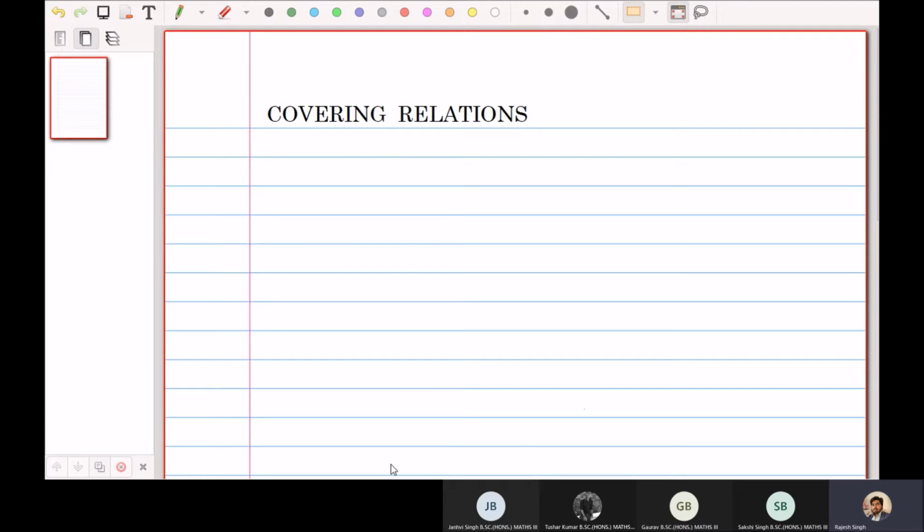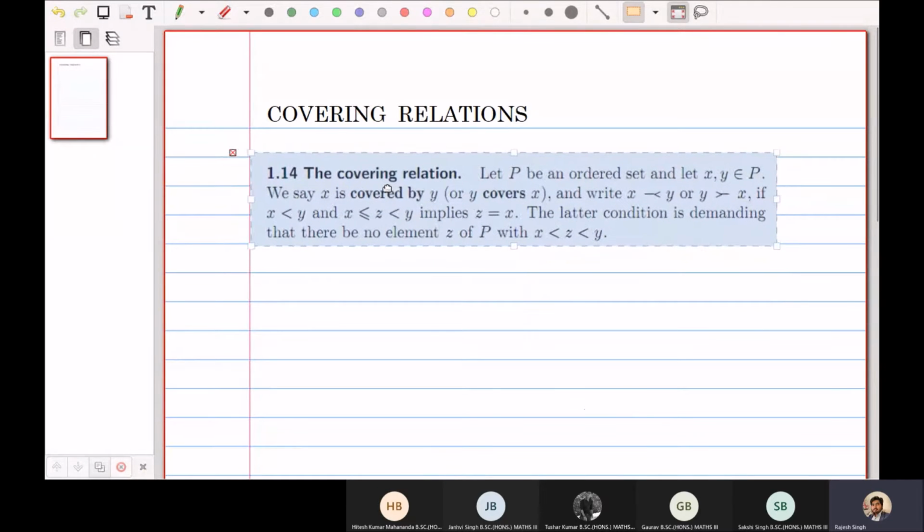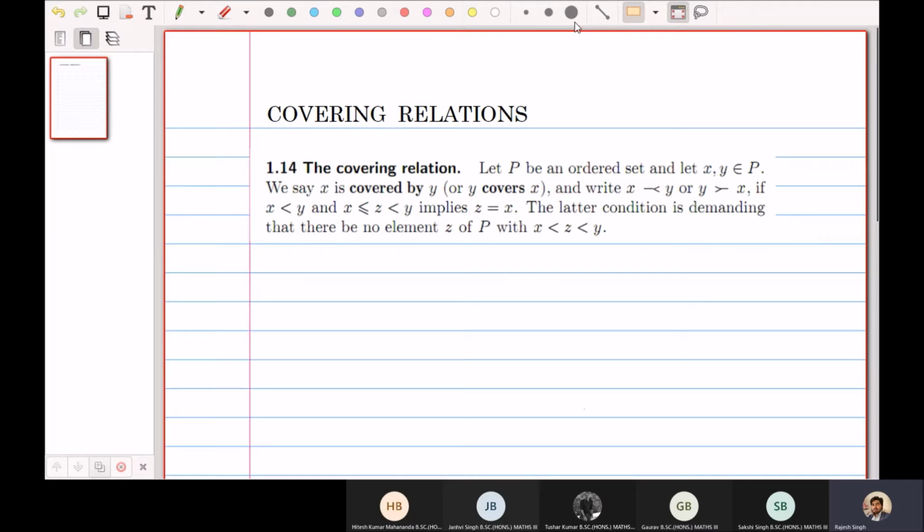So let me give you its definition. So this is the definition, if you can read.